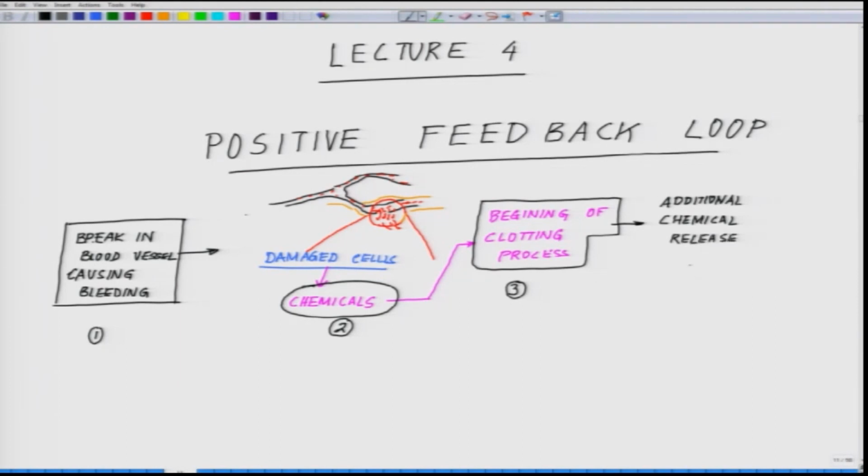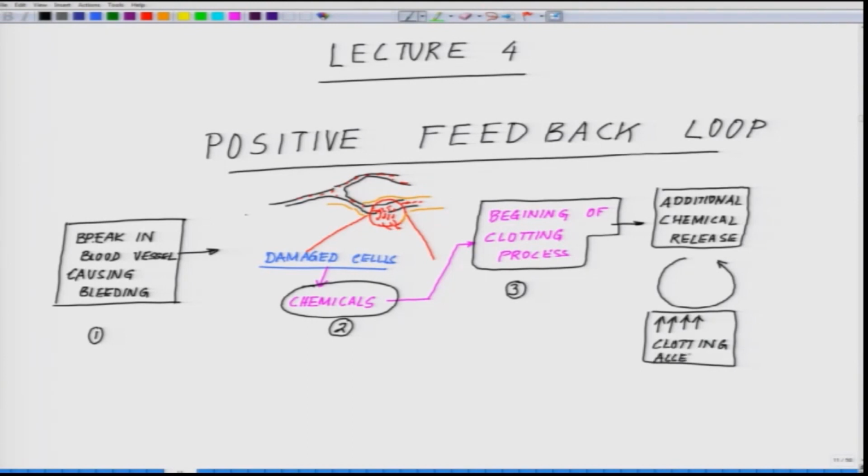And this additional chemical release accelerates the process of clotting. I am showing the acceleration with these four upward arrows.